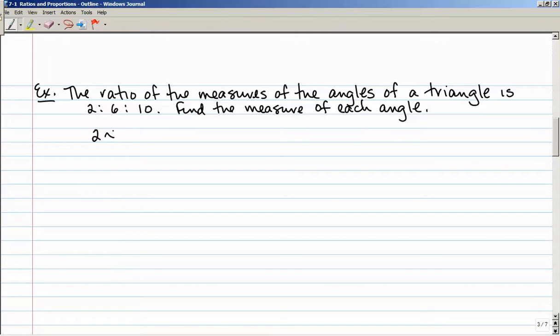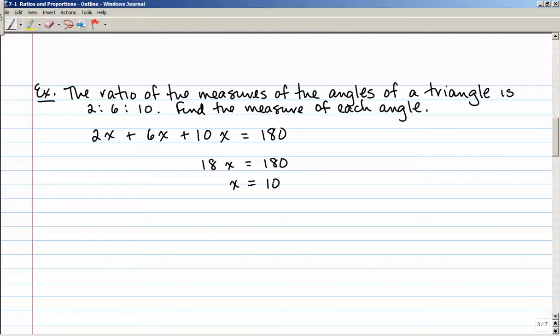So I would say 2x plus 6x plus 10x equals 180, because all of the angles of a triangle add up to 180 degrees. So when I'm talking about the ratio of the angles, I would multiply whatever those numbers in the ratio are by x. Solving that gives me 18x equals 180, or x is equal to 10.